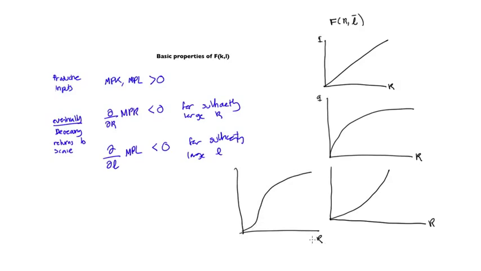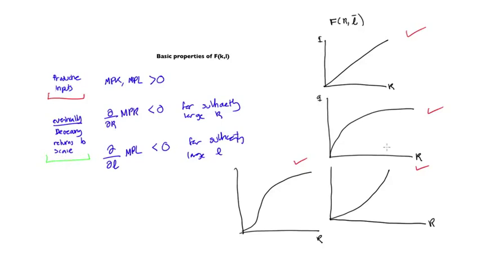So let's think about whether these functions satisfy these properties. First look at productive inputs. In every case, as you increase K, the amount of output produced goes up, so all of them satisfy the assumption of productive inputs. Now let's check whether they satisfy the assumption of eventually decreasing returns to scale.